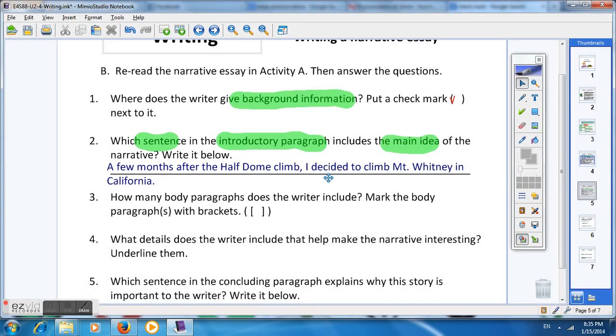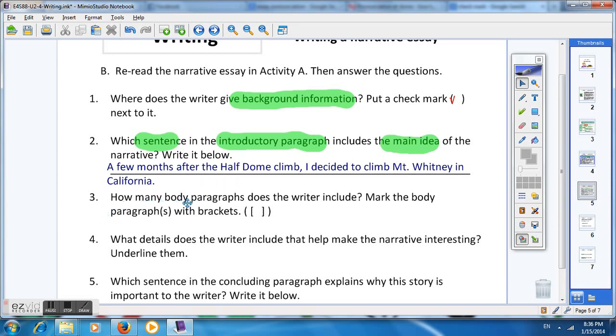Again, the main idea is: a few months after the Half Dome climb, I decided to climb Mount Whitney in California. Question number 3.